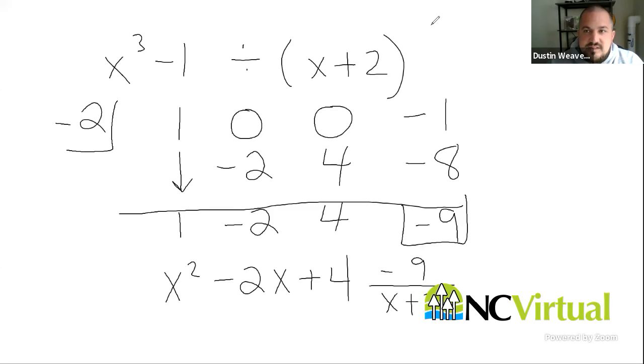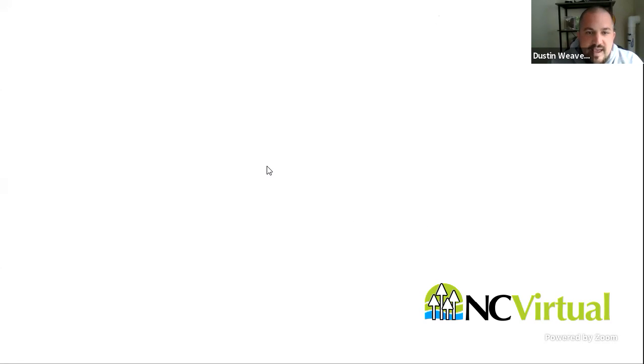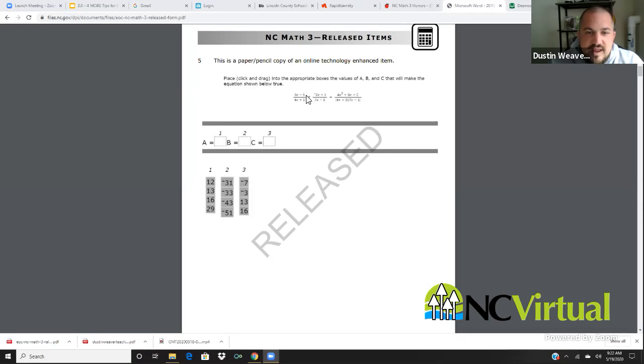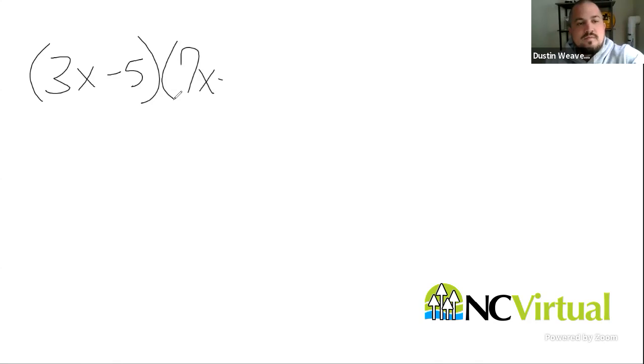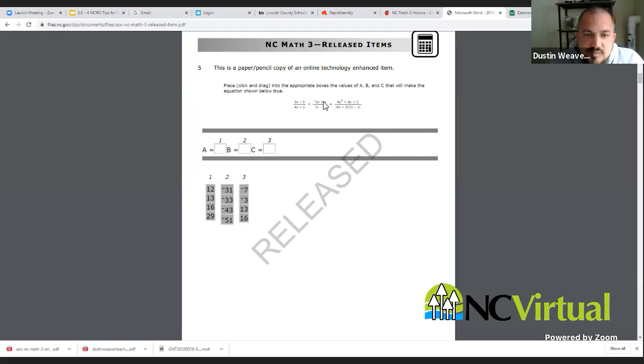and let me go back to the problem. We have 3x minus 5, and we're going to have to multiply 7x minus 2 with it. And then on the other side, we have negative 2x plus 1, and we're going to have to multiply the 4x plus 3 to go with it.